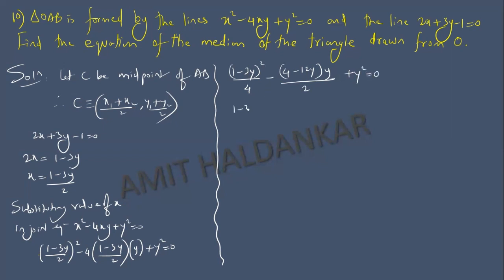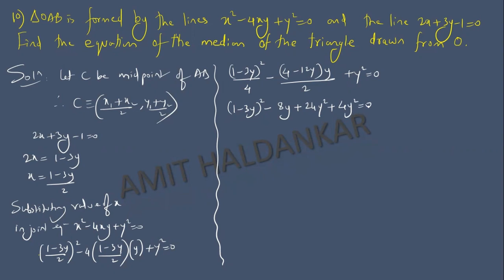So 1 minus 3y, 2y into 4 is 2, 2 4s are 8. Now multiply this by 2. 8y minus 1 plus 2 12s are 24y square plus 4y square equal to 0.